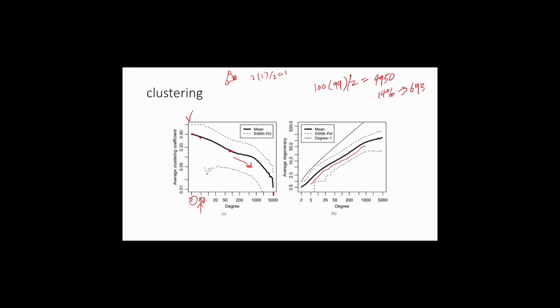For example, for a user with 100 friends, the average degeneracy of their neighborhood is 15. And for users with 500 friends, the average degeneracy is 53.